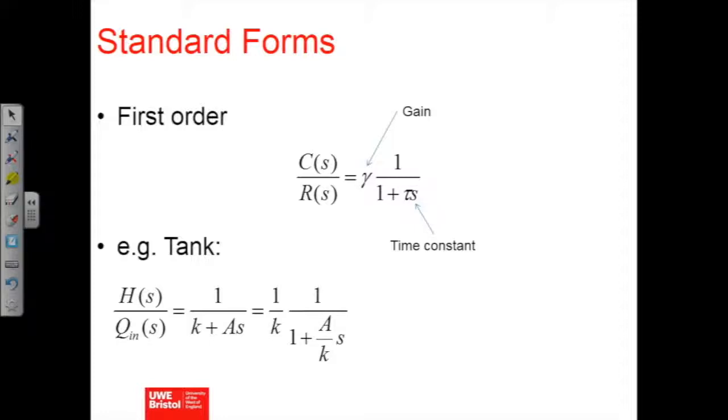There's a gain number and there's what we call a time constant. 1 over 1 plus something S. That something is the time constant. There's the gain. All the gain does basically is tell us how big the output is compared to the input. It's a size thing, nothing else. It just tells us about the size relationship between the output and the input.